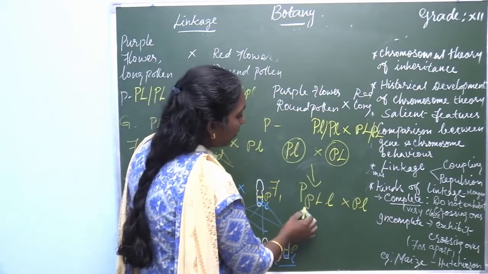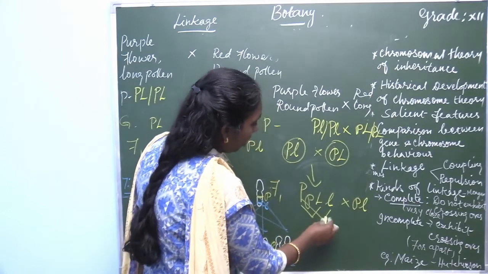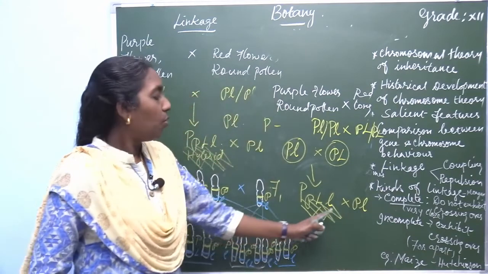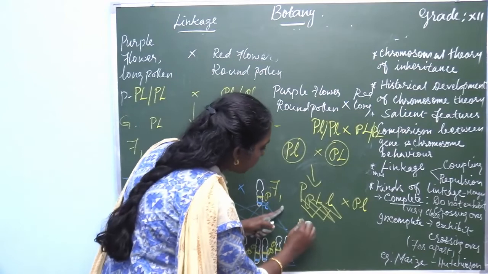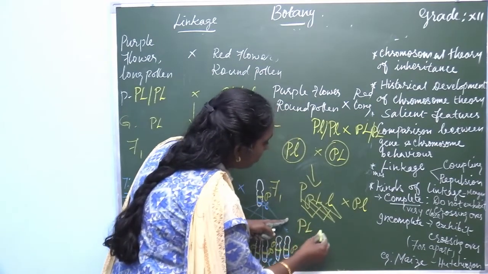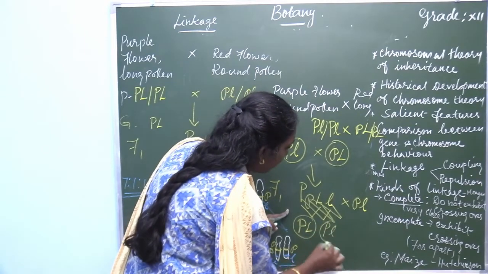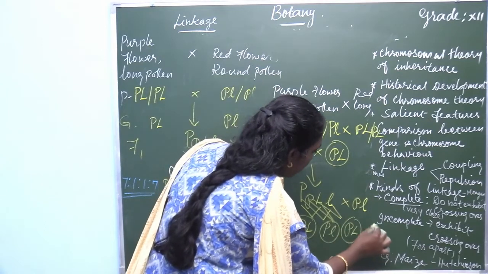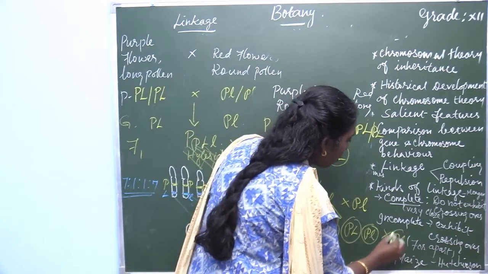Here the gametes are capital P capital L, capital P small l, small p capital L, small p small l. 4 different combinations are there, crossed with small p small l.